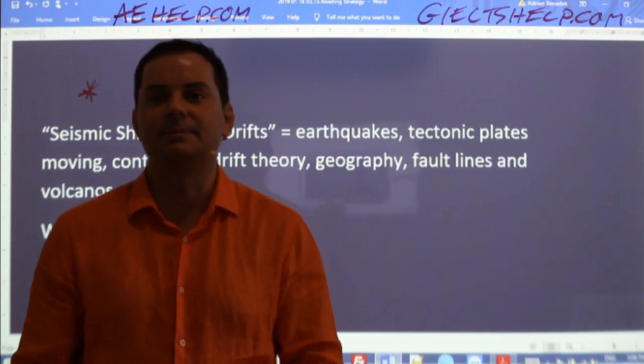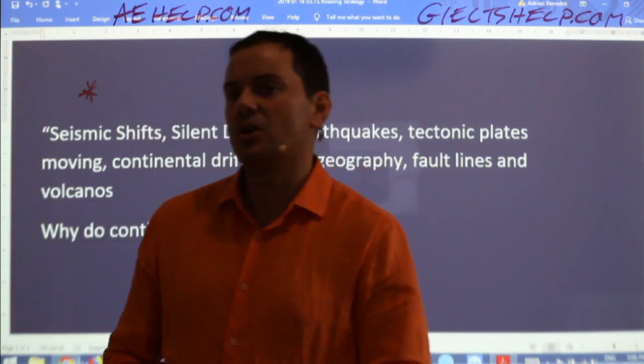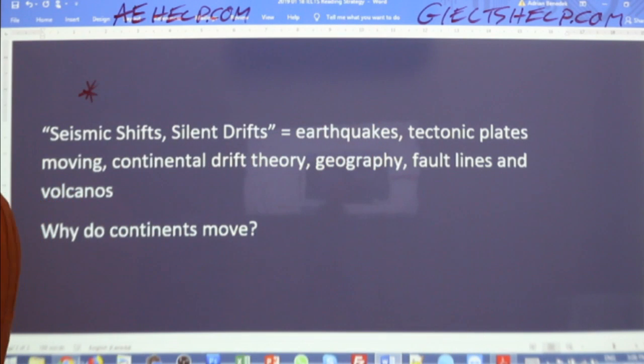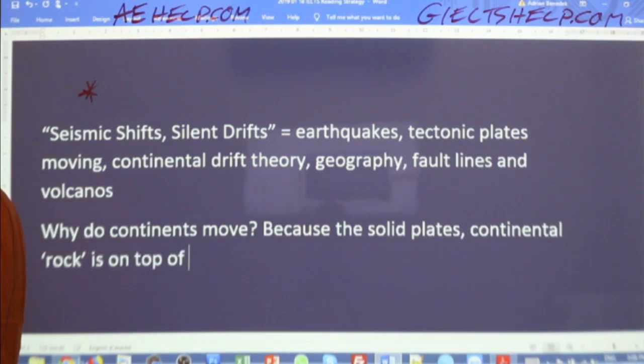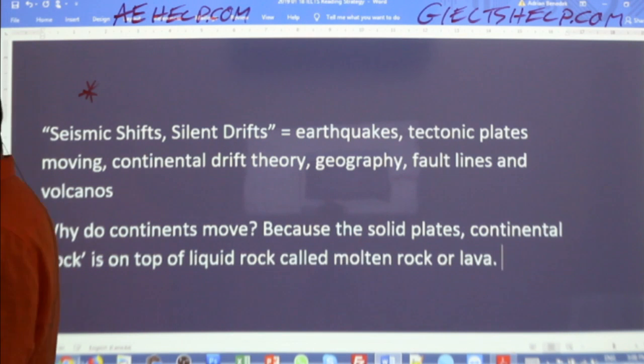Why does that happen? Okay, because the solid plates are on top of, right?